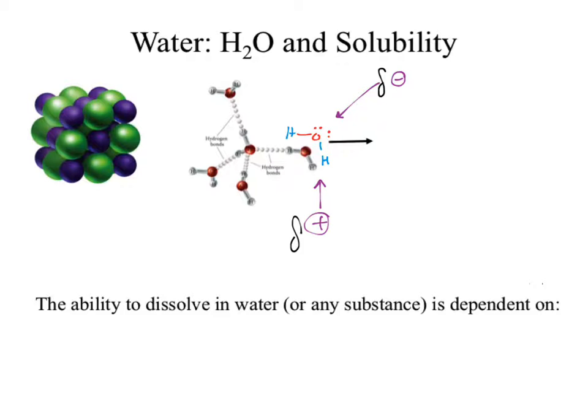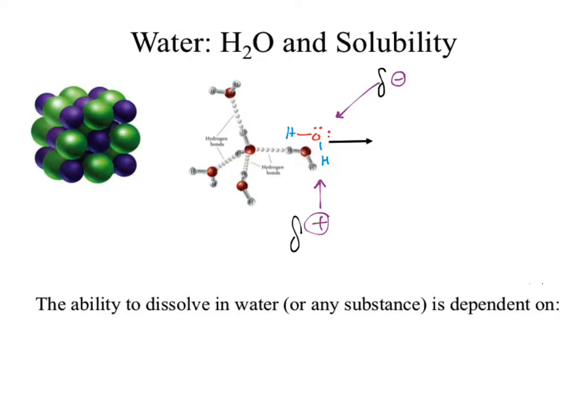So, what happens with the water molecule now? Those charges, are they stable? No, charge is inherently an unstable thing. So water molecules will now orient themselves in space to try and neutralize that charge. That means the negative of one part is going to associate with the positive of another.